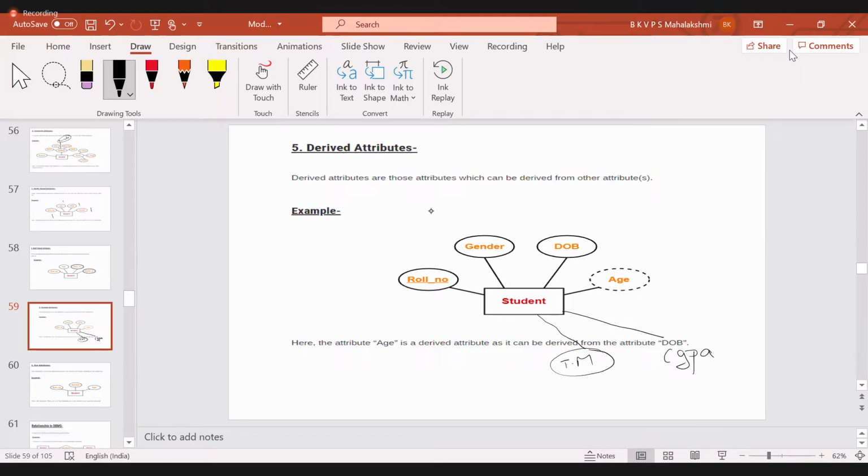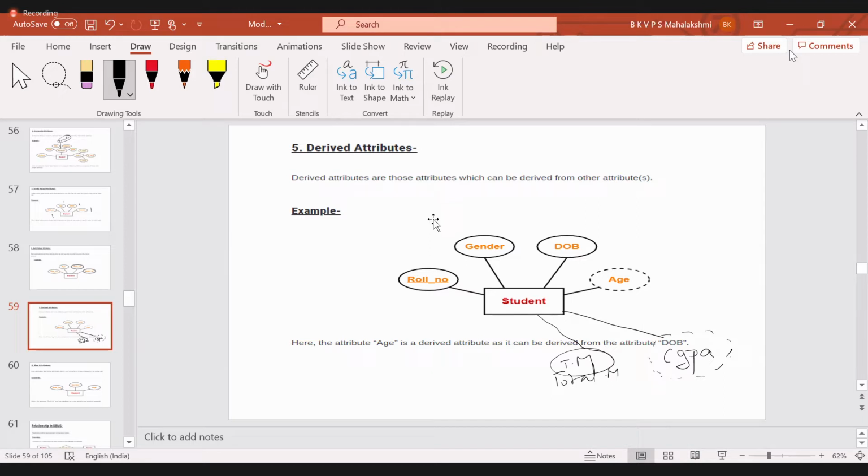So for CGPA, what should we represent? Normal oval or two lines of oval? Normal oval. Why? It is also a derived one, no, Saran? From total marks. I just told you just now. Sorry, ma'am. It's okay. So for CGPA, we have to consider this as a derived one, so hence we should put the dashed oval shape.